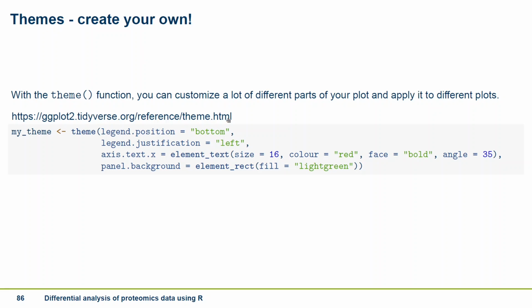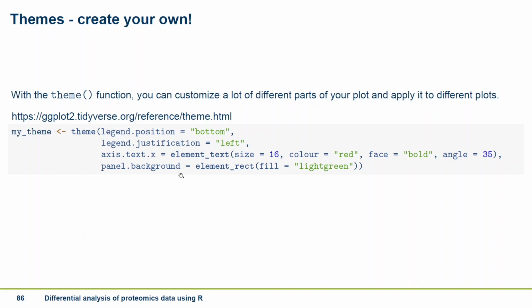And there's also a complete help page on the ggplot website. For example, here in this case, we define a theme where the legend position is at the bottom. We have a justification of the legend to the left. We have the text of the x-axis in a certain size, in red, in bold, and rotated by a degree of 35 degrees.